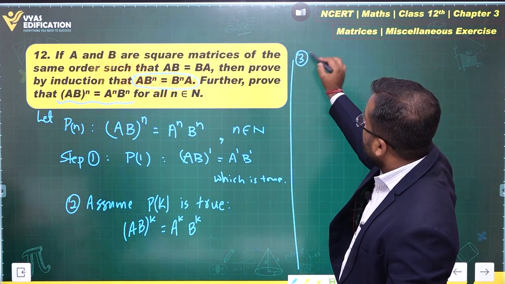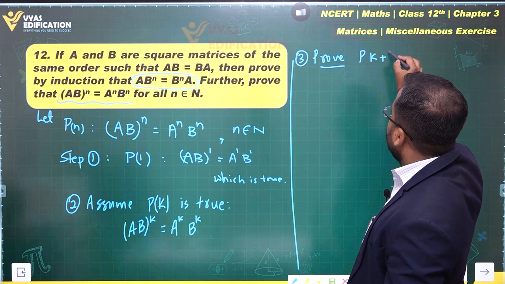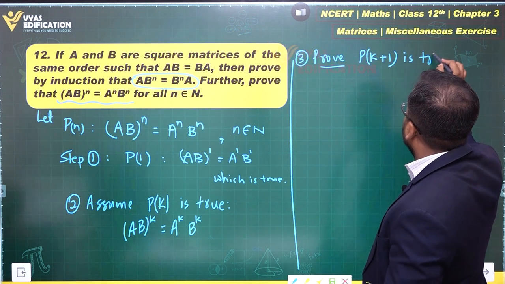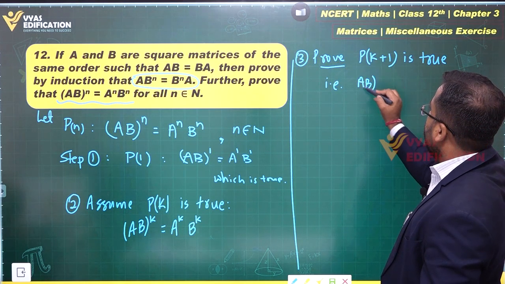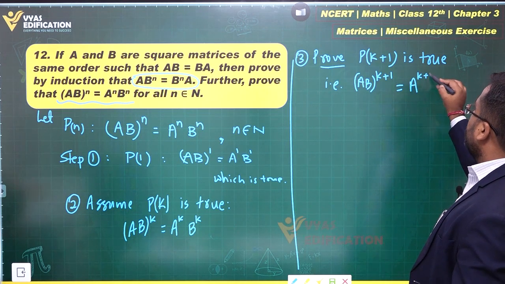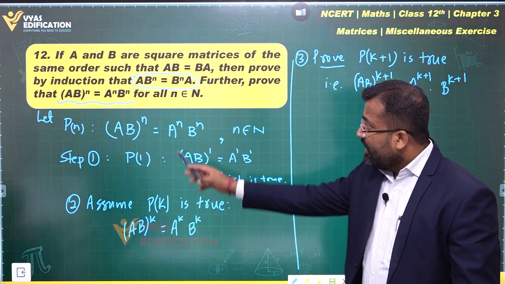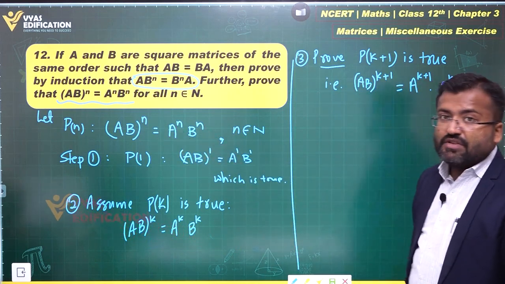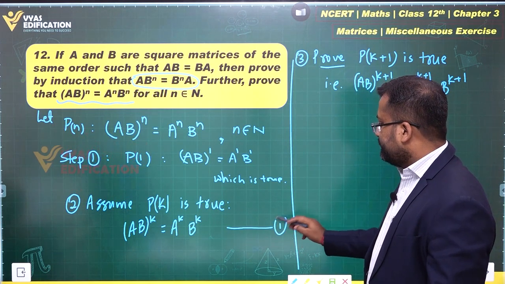And third, prove Pk plus 1 is true. That is AB power k plus 1 is equal to A power k plus 1 times B power k plus 1. This is important, right? This is true. Let's call this statement 1.